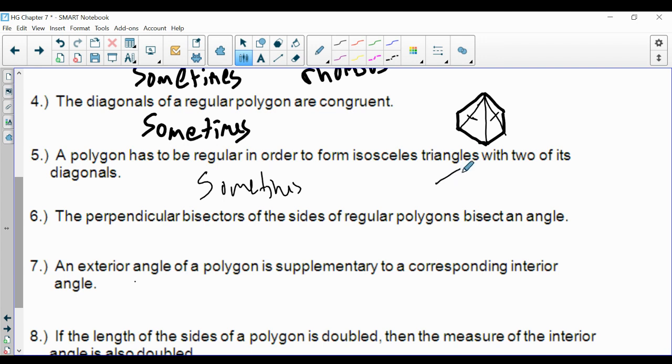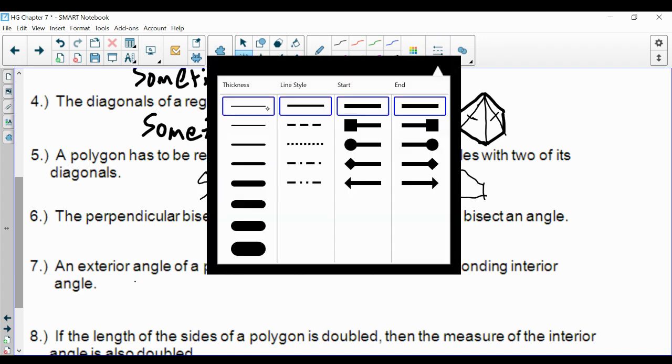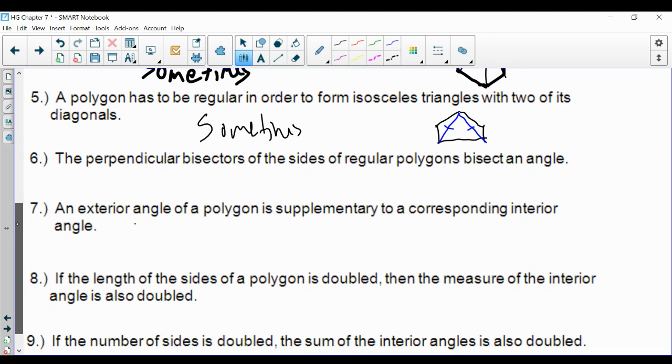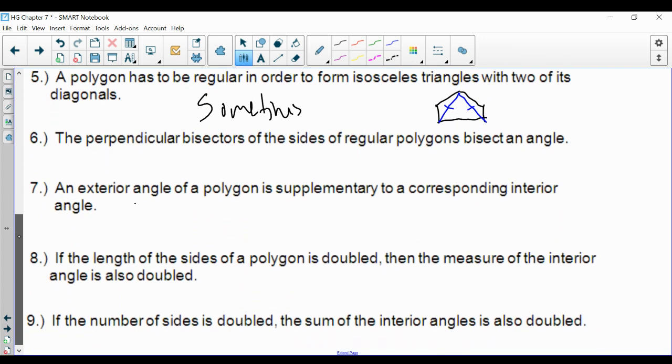If I draw one where it's not regular, we can clearly see that it's not the same. But I can draw these two diagonals, and for the sake of argument, I could draw it where those are the same, even though the other lengths are not, so it's not a regular shape. But it definitely works if it is regular.